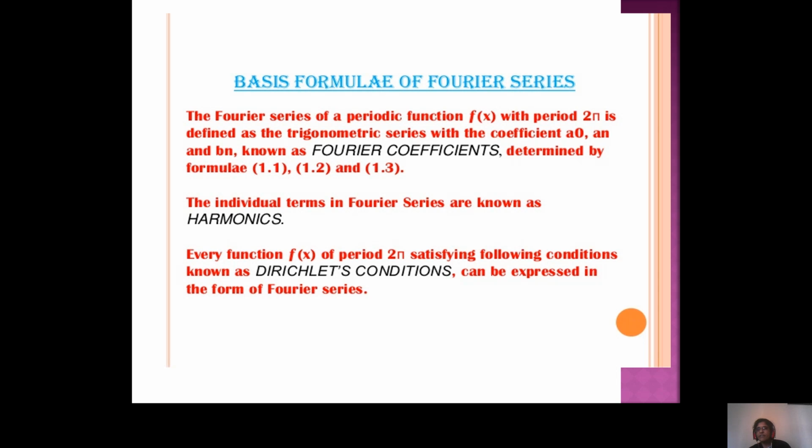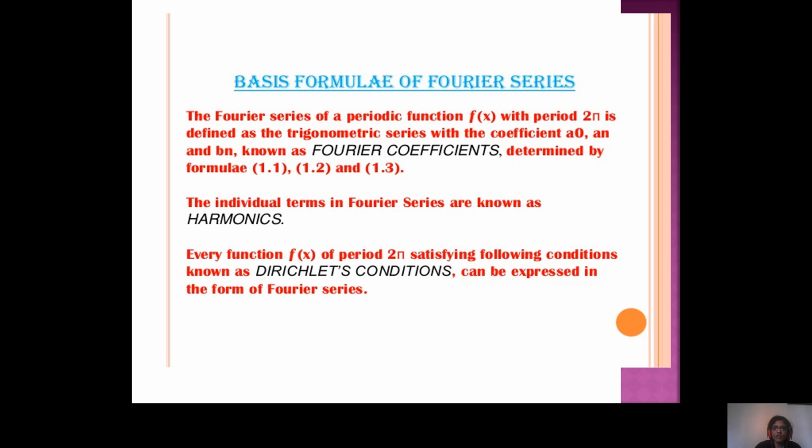So the function f of x with the period of 2 pi is defined by the trigonometric series with the coefficients a naught, an and bn, known as Fourier coefficients.